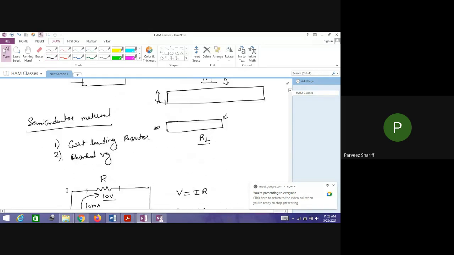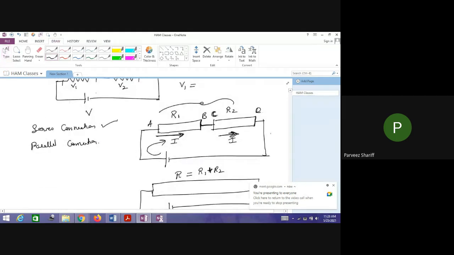Likewise, if we have 2 different types of conductor here, one with one electrical property, another with another electrical property, then if this conductor has a higher resistance, it restricts the flow of current. The current flows slowly across this conductor.